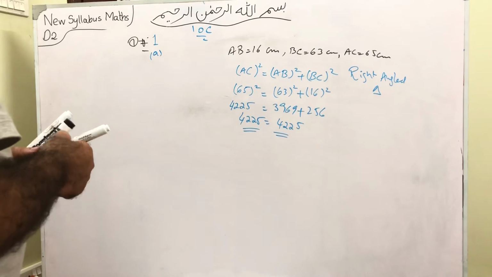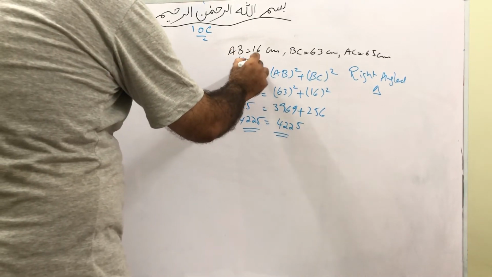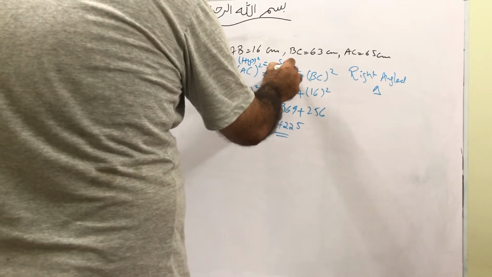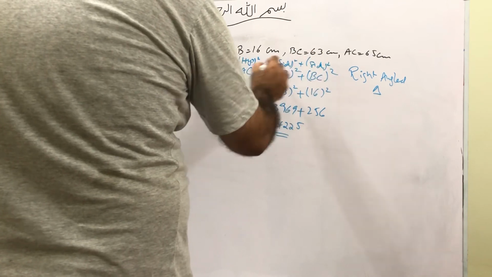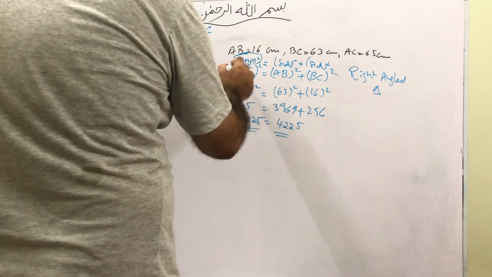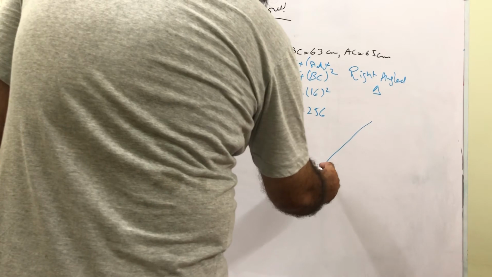We know that hypotenuse square is equal to this side square plus this side square. So the left side will be the hypotenuse. So AC will be the hypotenuse, like this, AC.